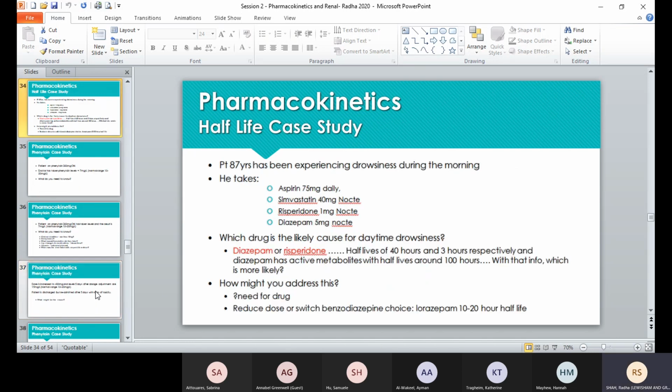I'll give you a bit more information. Both diazepam and risperidone can cause drowsiness, and the half-life of diazepam is 40 hours, and the half-life of risperidone is 3 hours. With that information, which one do you think is causing the hangover effect, the daytime drowsiness, if they're both given in the evening?